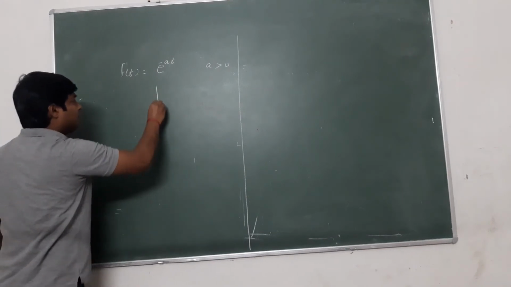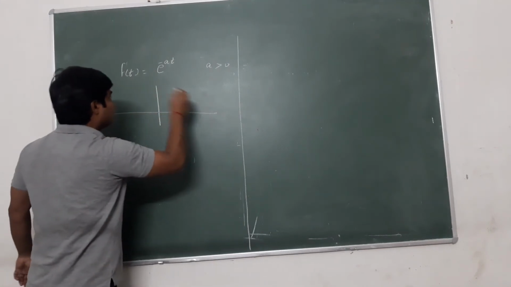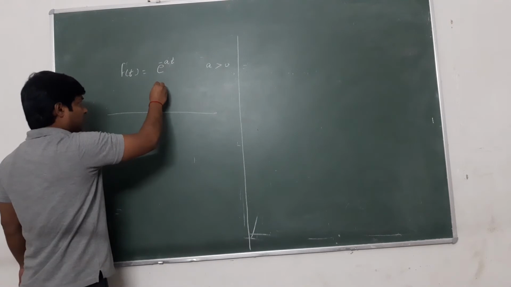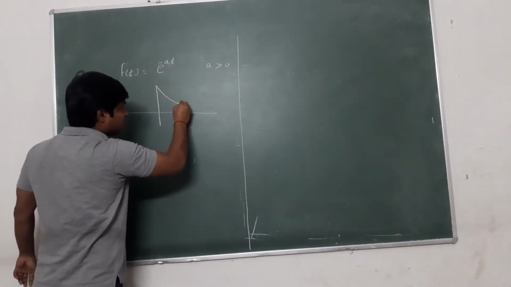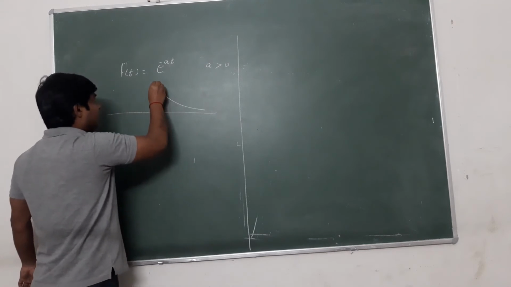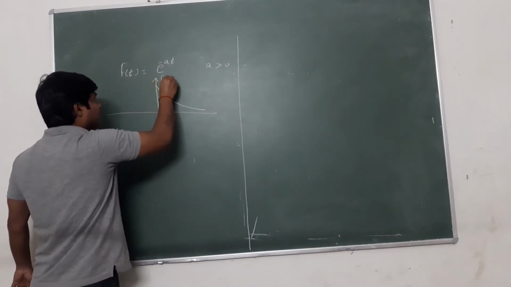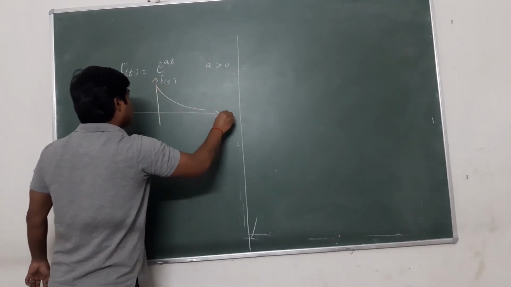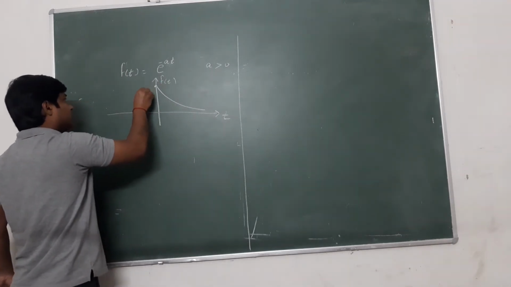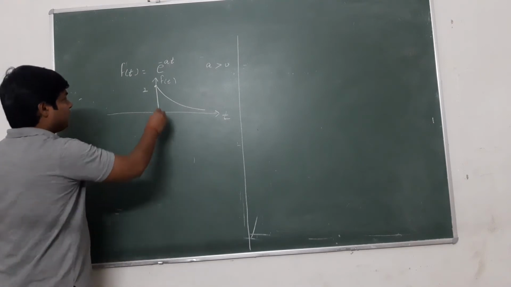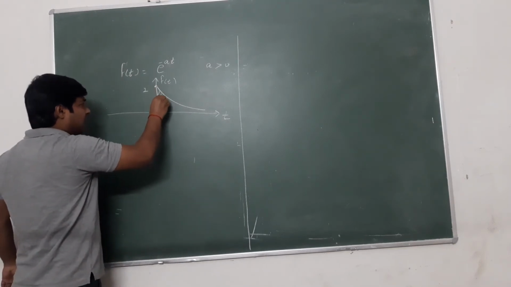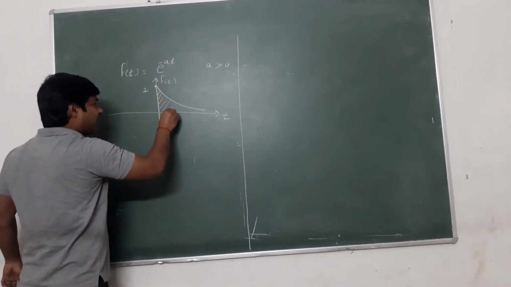What is the graph of this signal? This is f(t) against t, and this is 1. By seeing this signal, we can say that its area is finite.